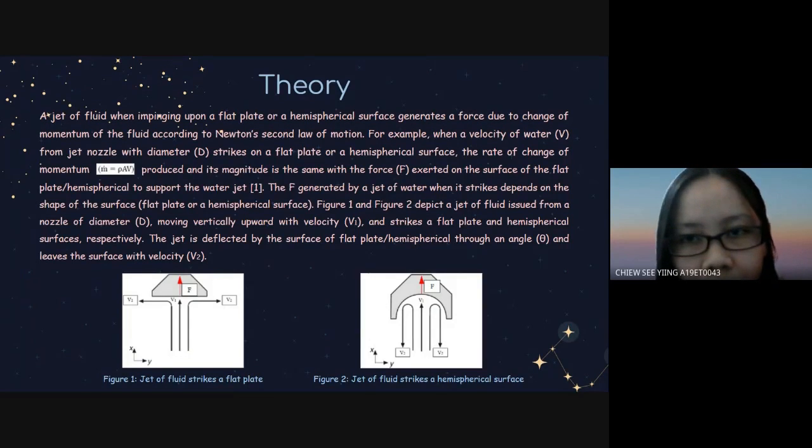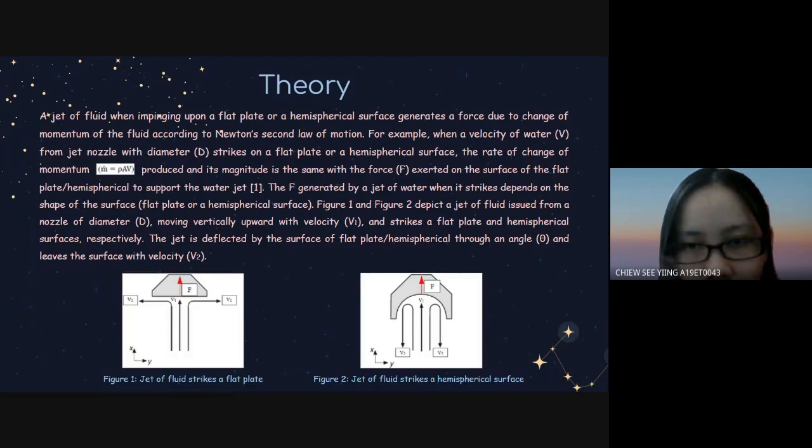For example, when water with velocity v from a jet nozzle with diameter d strikes a flat plate or a hemispherical surface, the rate of change of momentum produced is the same as the force F exerted on the surface to support the water jet. The force F generated by a jet of water when it strikes depends on the shape of the surface, which is a flat plate or a hemispherical surface.